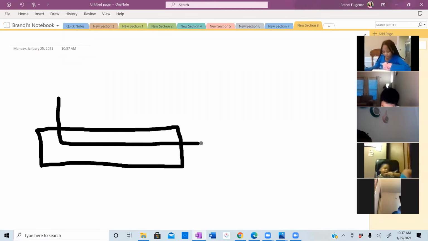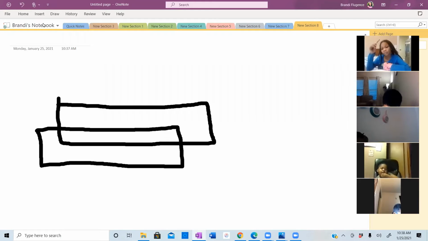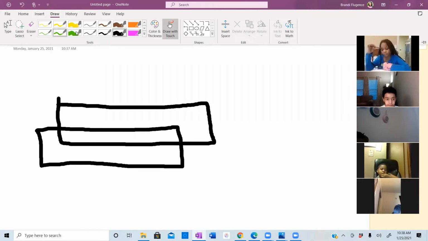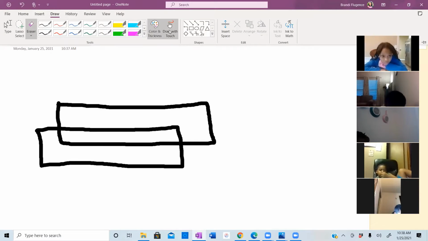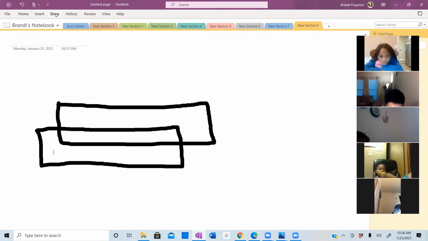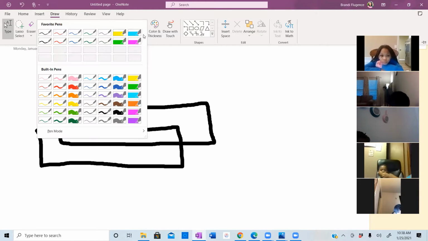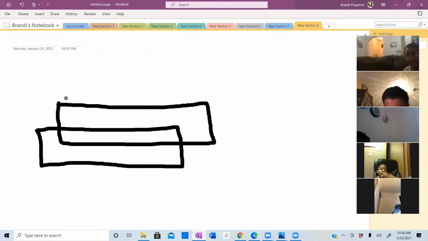You need a little bit of space for this one. So now let's connect the lines. I'm up here. Let's connect this line.